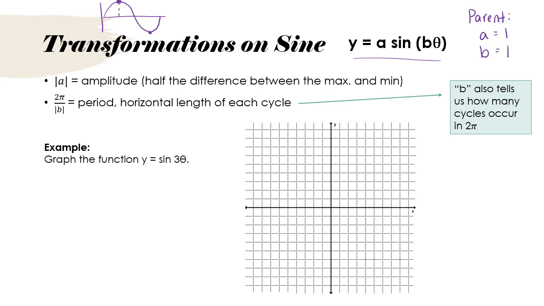Okay, so the period is affected by B. So the period is given by 2 pi divided by, again, the absolute value of B, so just the positive version of whatever that is. So, for example, in our parent function, when the B value is just equal to 1, our period is 2 pi divided by 1, or just 2 pi.